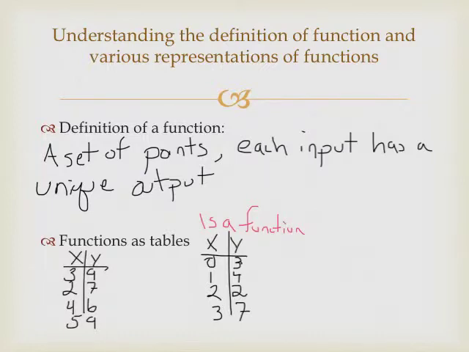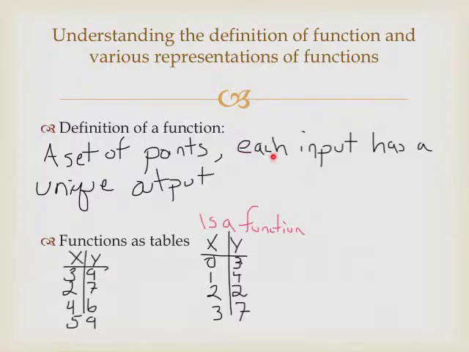Okay? So what people do is look at this definition, each input has a unique output, and they focus on unique output and see that there's a 9 and another 9, so they think, hey, that 9 is not unique because it shows up twice, and they'll answer that this isn't a function, but it actually is.